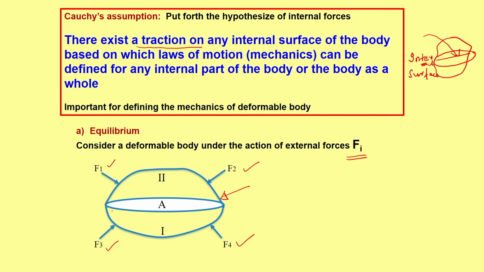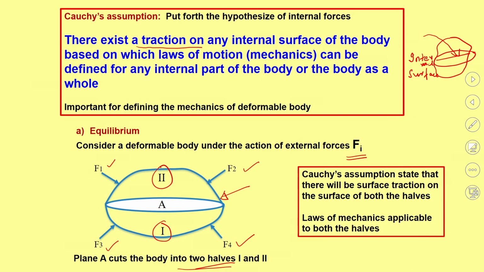Now, there is a plane A which cuts the body into two halves, 1 and 2. So, you have a deformable body and a plane A cuts the body into two halves, that is 1 and 2.